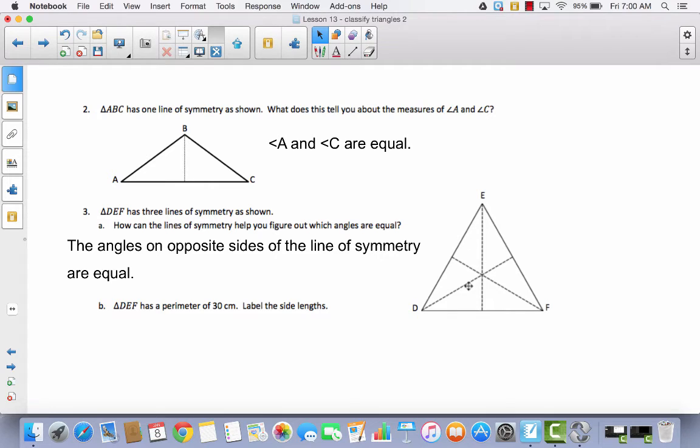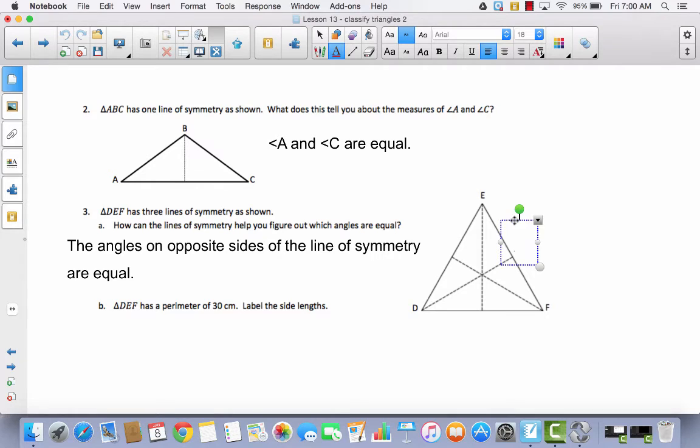So if all of these angles are equal, that tells me that all of these sides are also equal. So if the perimeter is 30 centimeters, then each of these sides has to be the same. So think about that for a minute. If it's all together they equal 30, each side must equal 10 centimeters. So go ahead and label each side 10 centimeters.